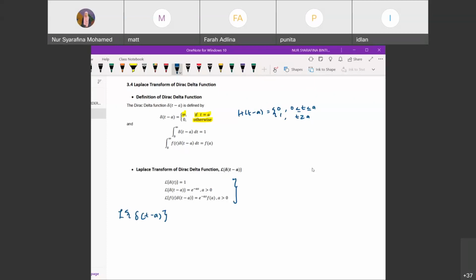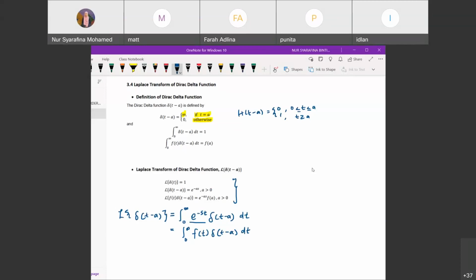By the definition of Laplace, you know that we have to integrate from 0 to infinity e to the negative st, δ(t minus a), with respect to t. And you know that this e to the negative st here is just a function f(t) times δ(t minus a).